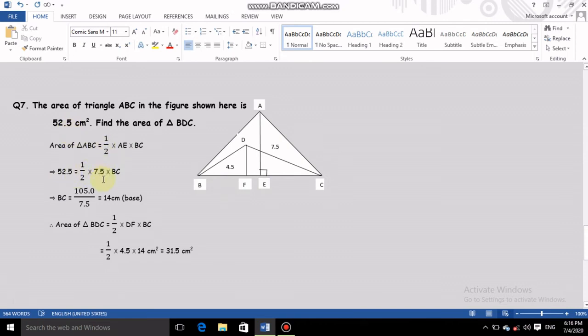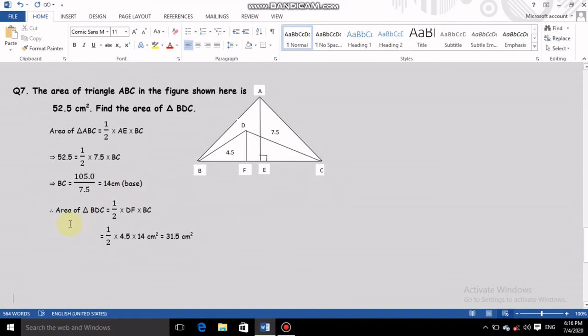So half into 7.5, this height, into base BC, which is not given. So BC is equal to 52.5 into 2 divided by 7.5. You multiply this, you get 105 divided by 7.5, which is equal to 14 centimeter. So base BC we got is 14 centimeter.